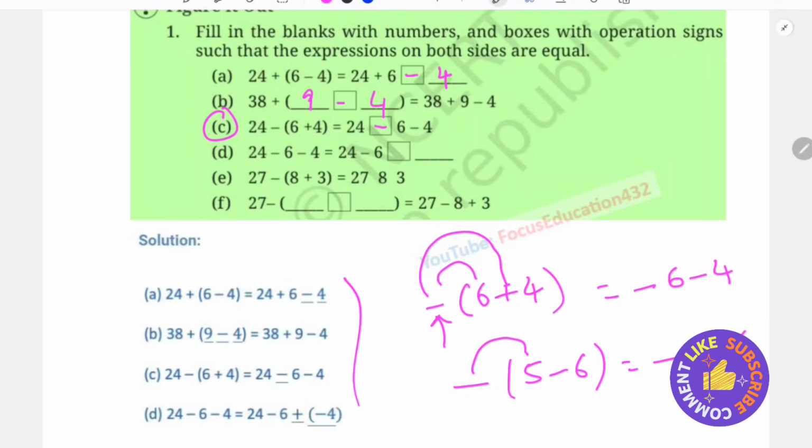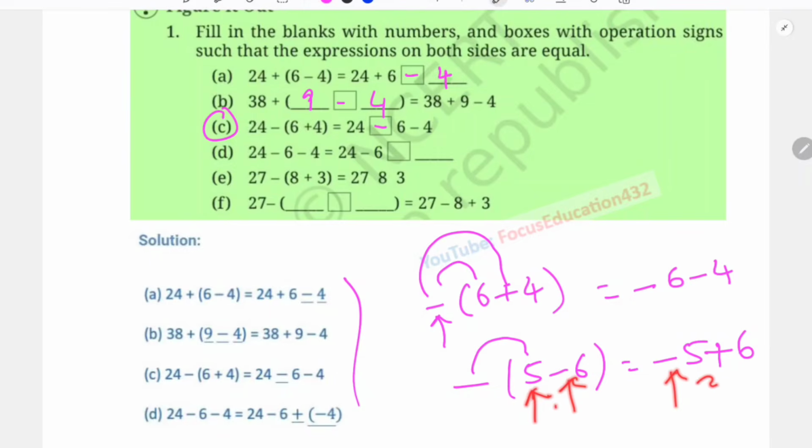So you have to be careful. If you have a minus sign outside the bracket, then inside the signs will change: plus becomes minus and minus becomes plus. That is what we are doing here also. Here we have both plus, and outside is minus, so both will become minus. That is what is done here in the C bit.